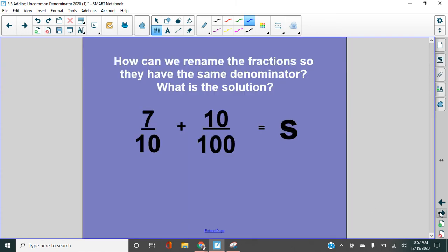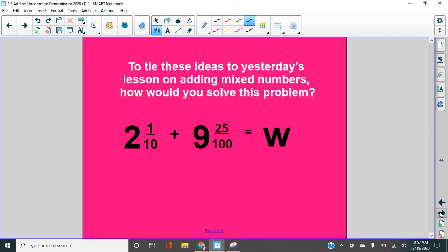All right, let's do one with mixed numbers here. If we have 2 1/10 plus 9 and 25/100. So we don't have to do anything with the whole numbers, okay? But we do need to do something with this 1/10. What do we need to do to it?